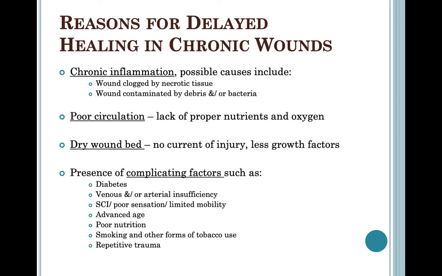Let's use an example of somebody that has a wound on the bottom of their foot. If that person continues to ambulate or they're wearing footwear that actually places a lot of tension, friction, and shear at the wound site, we can't really expect that wound to close because it keeps being repeatedly exposed to the forces that caused the wound in the first place. And so that will need to be part of our treatment intervention as well.